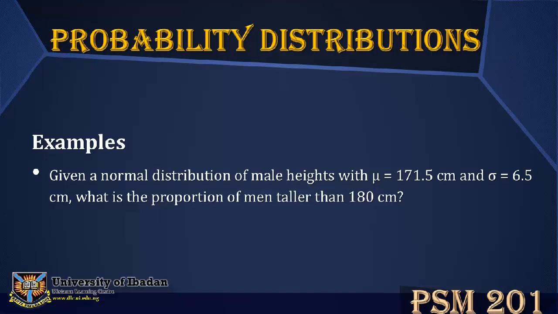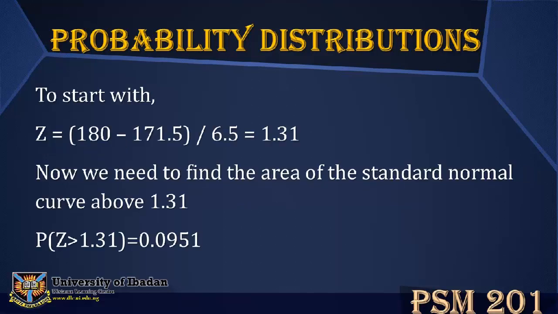Example: given a normal distribution of male height with μ equal to 171.5 centimeters, and σ equal to 6.5 centimeters, what is the proportion of men taller than 180 centimeters? To start with, z is equal to 180 minus 171.5 over 6.5 equals 1.31.